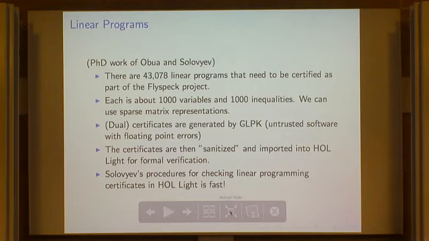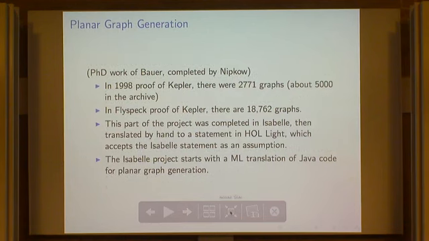So linear programming is a big success story, right? It's now possible to do problems with millions of variables and so forth. These are very small mini programs by standards of what can be done. Planar graph generation.